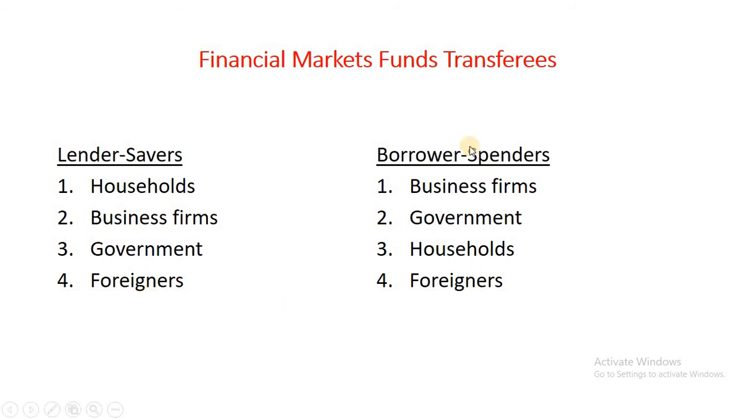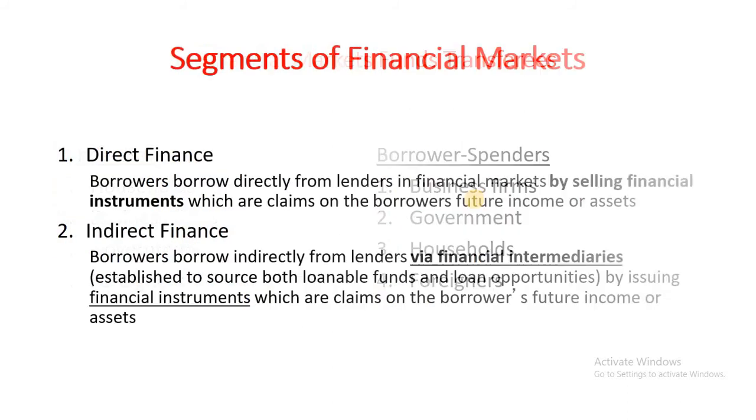Now if you look at the borrower side, you'll find that business firms are the main borrowers. So they are known as the number one borrowers in an economy, then government, households and foreigners.